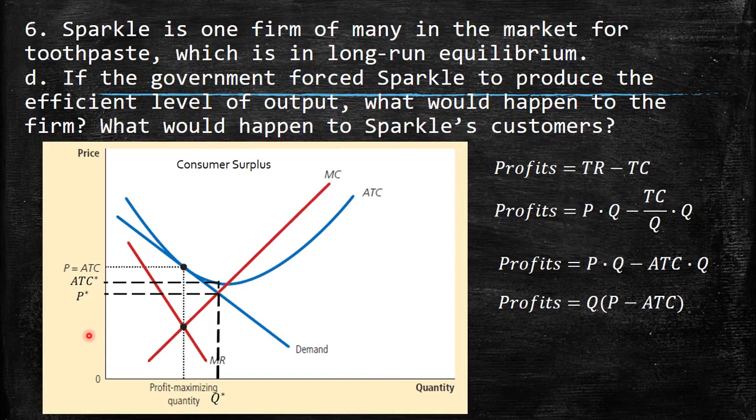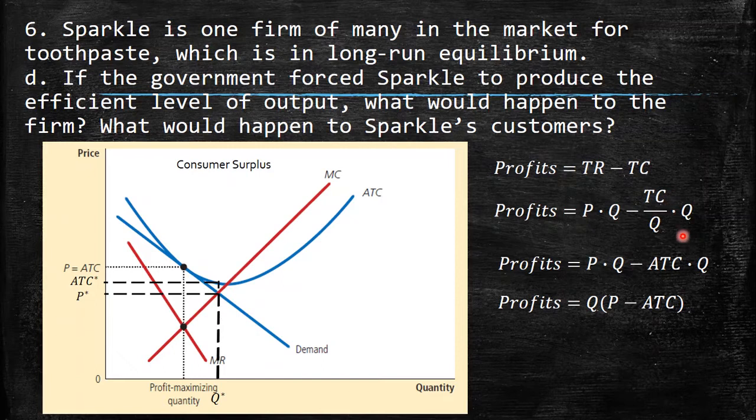But how can we grasp that from the equation? Here we have the profits. Total revenue minus total cost is equal to the profits. Total revenue we can express as P times Q, the price times the quantity. For total cost, we can make a trick: we put it over Q, but multiply by Q, so we are not affecting the equation.